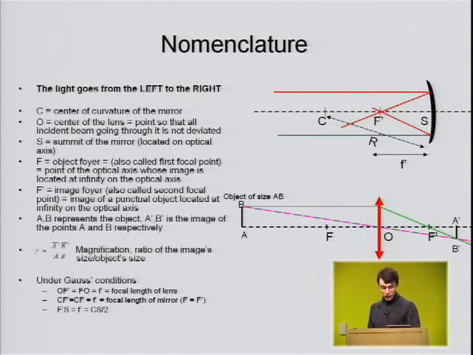In any example, AB will represent the object, A being located on the optical axis, and A prime B prime will be the image. We'll also talk about the magnification of the system, which is just a ratio of the image over the object. Under the Gauss assumption, the lenses are symmetrical, so the distance OF prime is equal to OF, and therefore to the focal length of the lens.